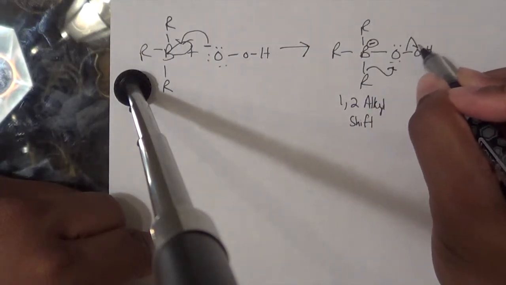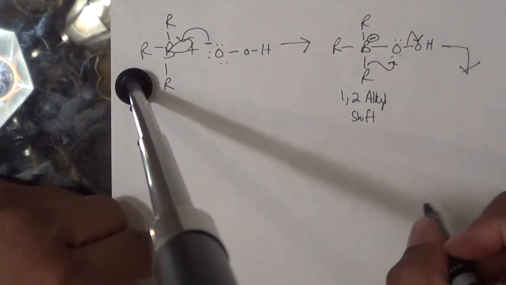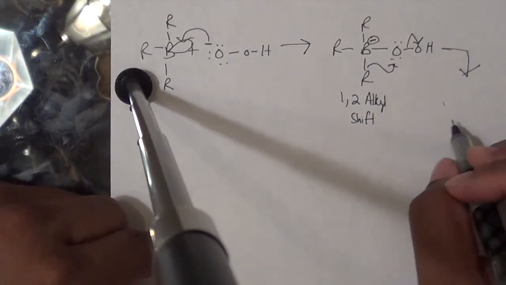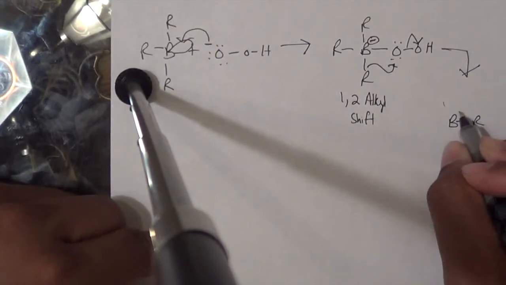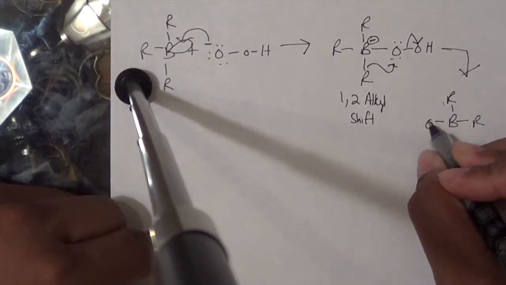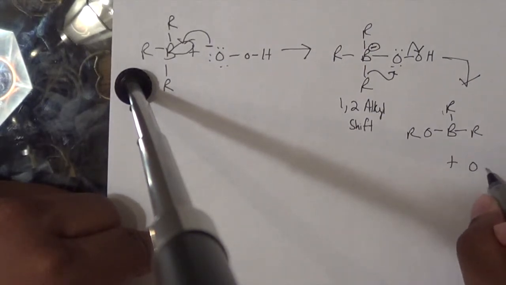Pluck that off. Now oxygen is okay with having a negative charge on it, it just does not like to have a positive charge on there. So here we get OR, plus a hydroxide.